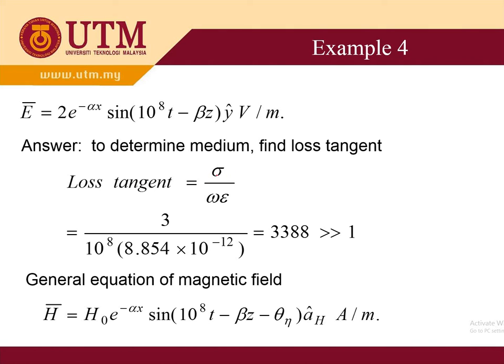We know that the loss tangent is sigma over omega epsilon, and this is the inserted value, with 10 to the 8 inserted accordingly. Then you will see that your loss tangent is much greater than 1, which is 3388. This is common for a conductor. The general equation of magnetic field that we found, then H is equal to this value and the theta n.